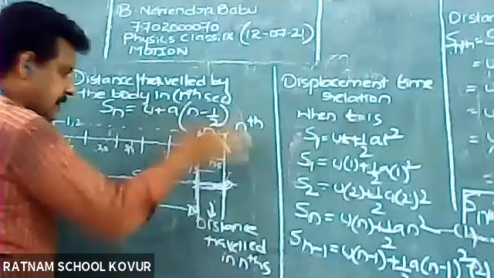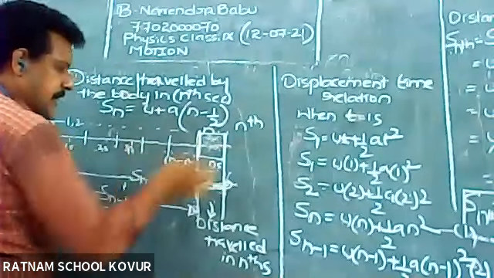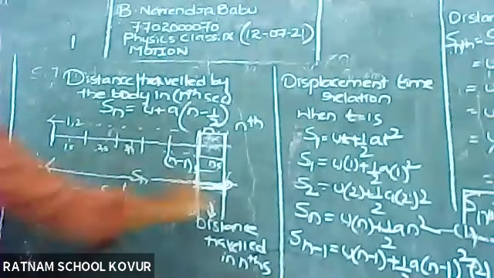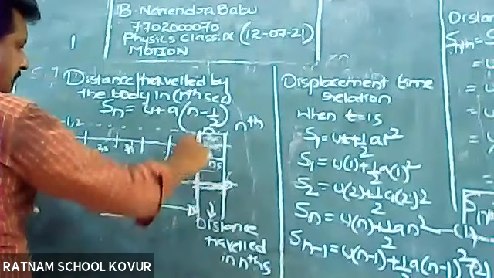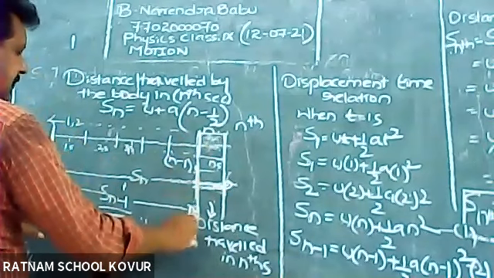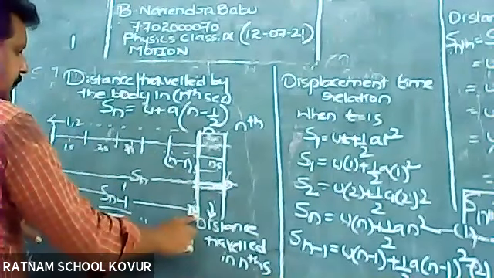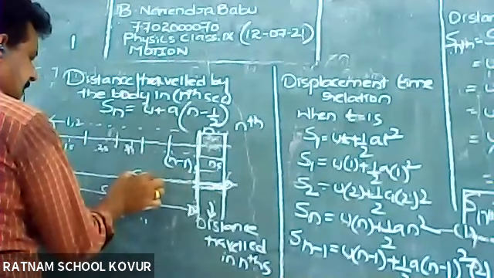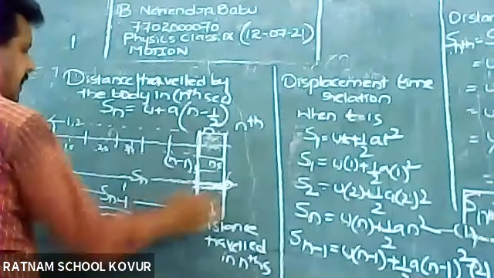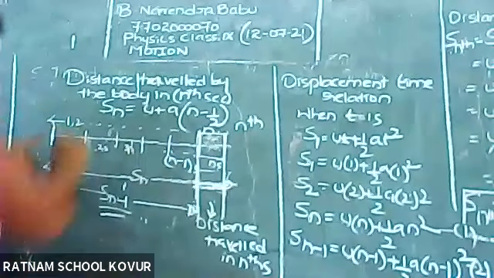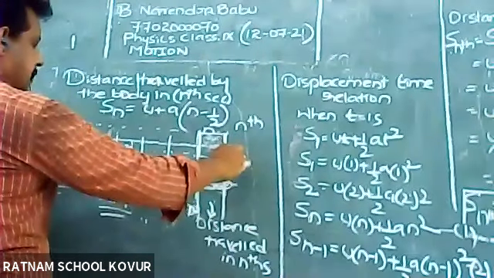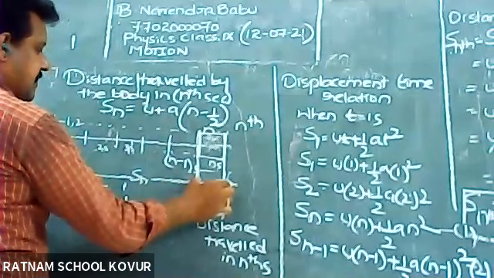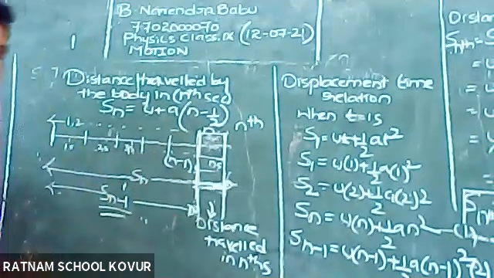Only this particular distance I want to calculate, the nth second. So nth second means from here to here. And I will calculate from here to here the distance travelled for n minus 1 seconds. So if I subtract Sn and Sn minus 1, I am going to get this part. Total part minus this part will give the distance travelled in the nth second, that part.